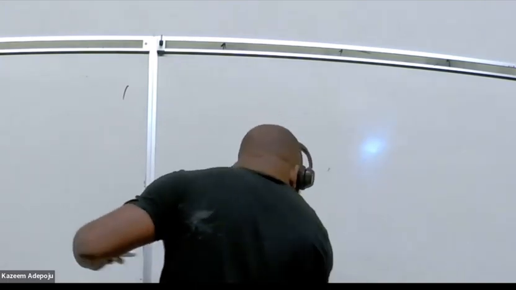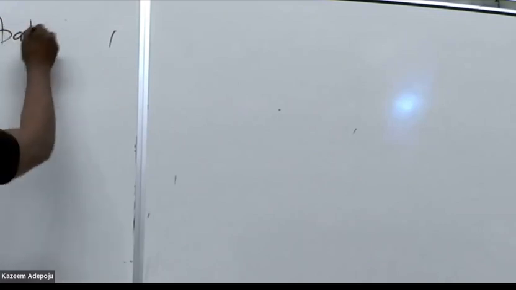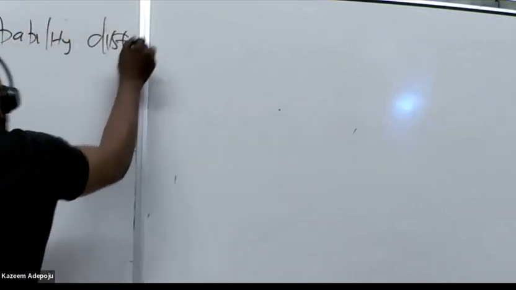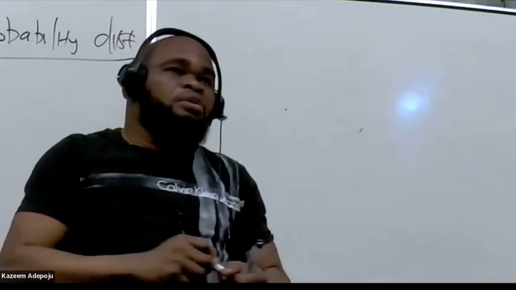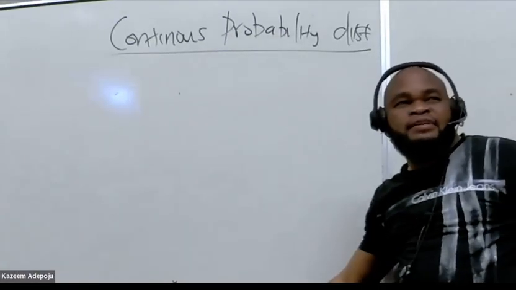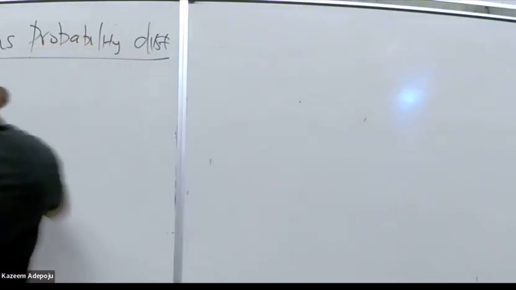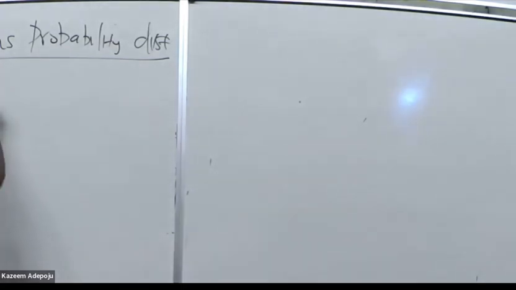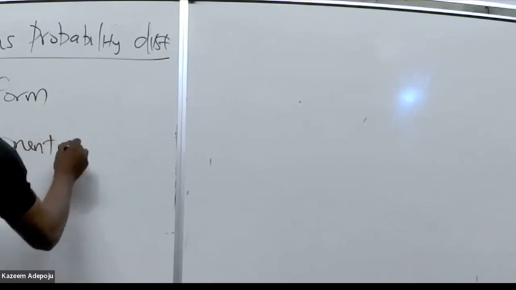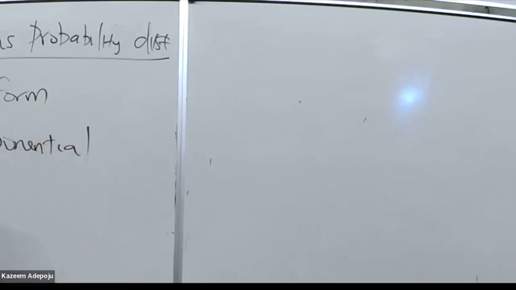Now, in this course, when you talk about continuous probability or distribution, we're actually talking about the distribution in an interval, where the random variable takes value in an interval. I remember I walked you through uniform, exponential, normal, gamma.